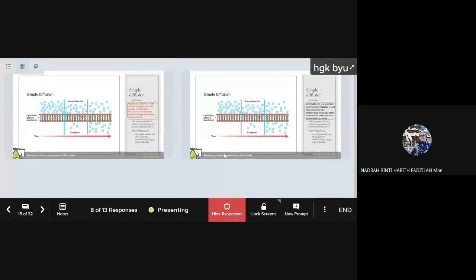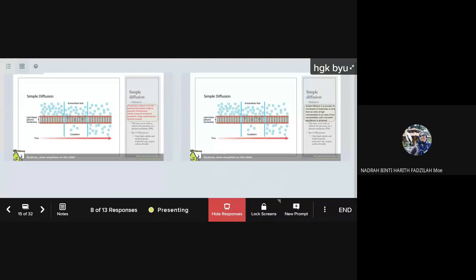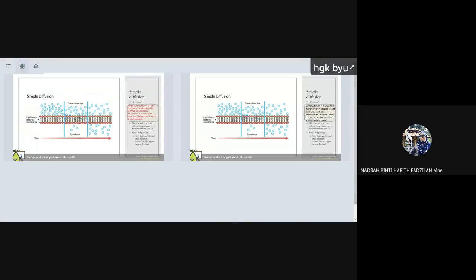So, anak-anak, simple diffusion is a process that can occur with or without the presence of plasma membrane. Tak ada plasma membrane, resapan ringkas boleh berlaku. For example, contoh paling famous ialah bila kita spray perfume.